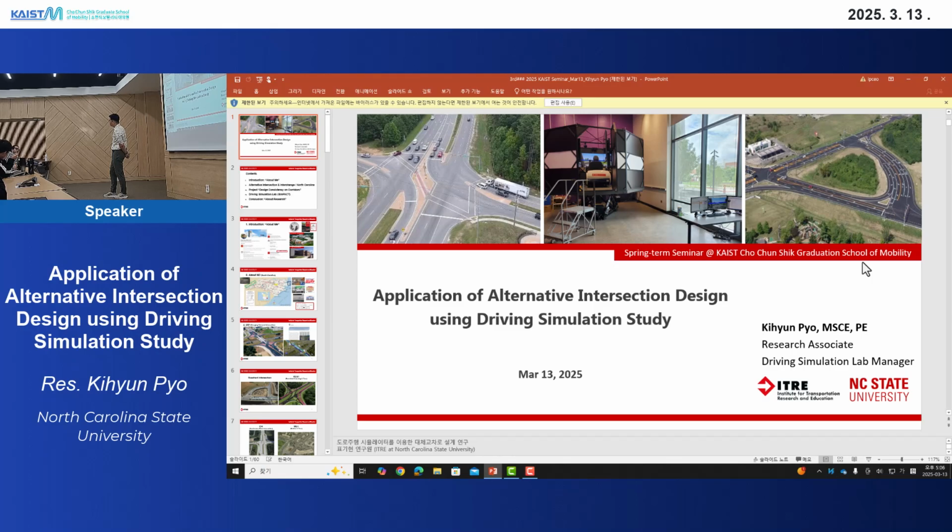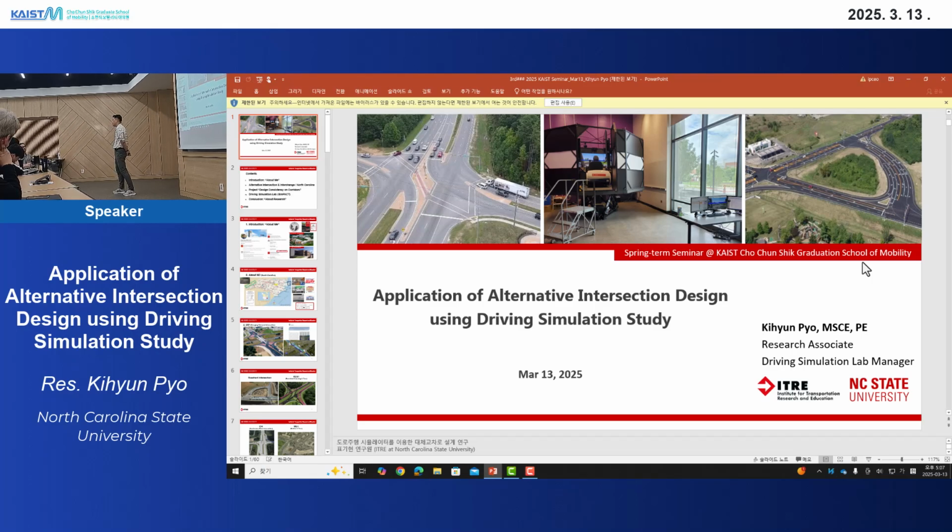Were they data-driven, or were they physics-based models where you have to optimize some parameters? Because for software like vSim, we use the Wiedemann model, if I'm not mistaken, for car following behavior.